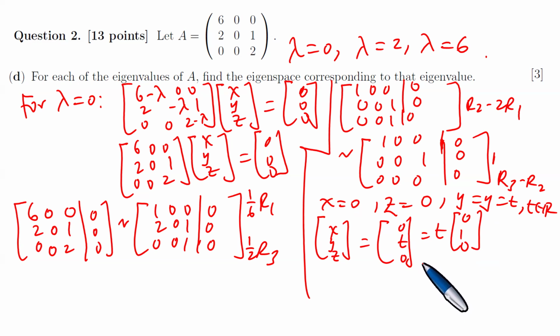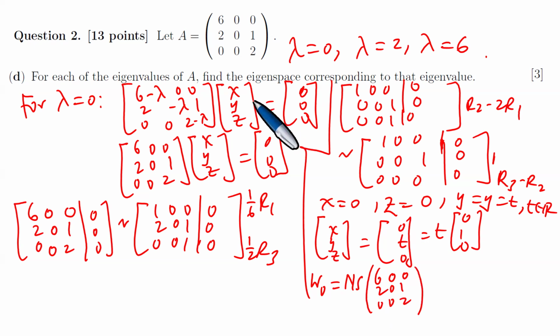So now for W0, you'd be interested in finding the null space of the matrix A, which is this one: 6, 0, 0, 2, 0, 1, 0, 0, 2.